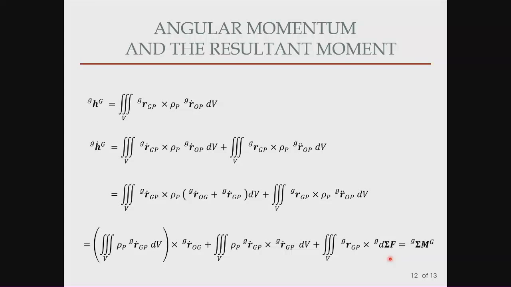So I essentially need to sum all the external moments on the rigid body. So if this is tau 1 vector, tau 2 vector, tau 3, and F1, F2, F3, F4.